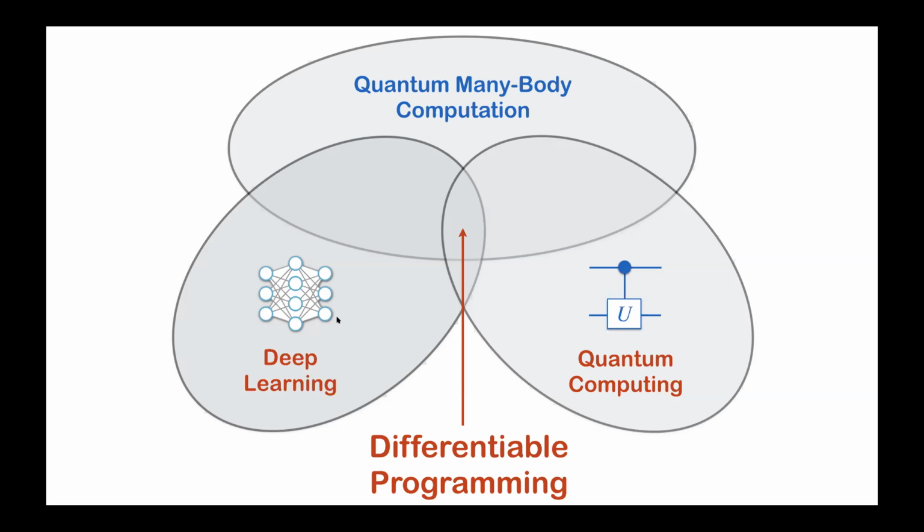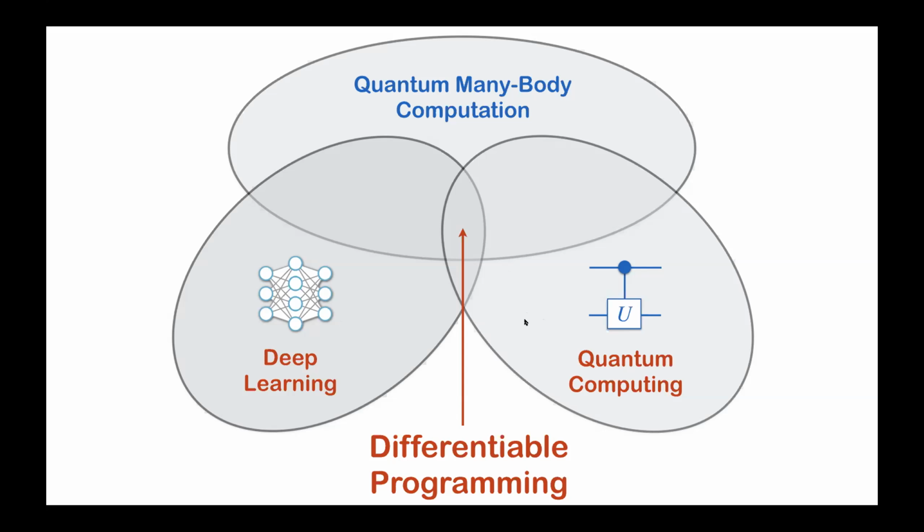And on the hardware side, some of us were thinking about trying to use future quantum computers or even near-term quantum computers to solve this challenging problem for us. And differentiable programming, as I'm going to present to you today, sits somewhere in the intersection of all those fields. So what is differentiable programming?